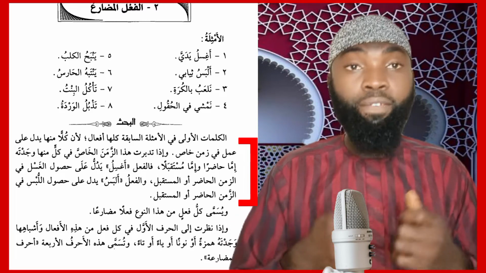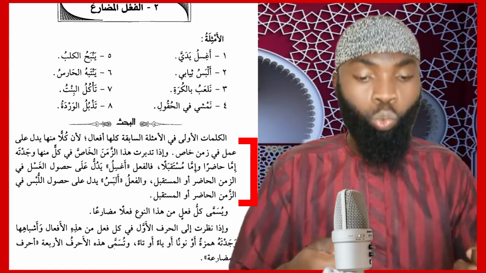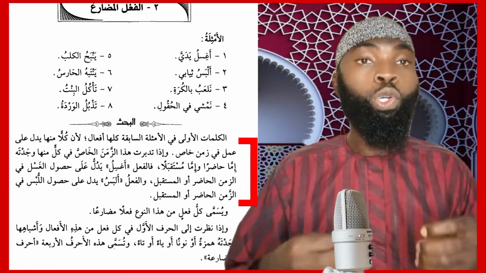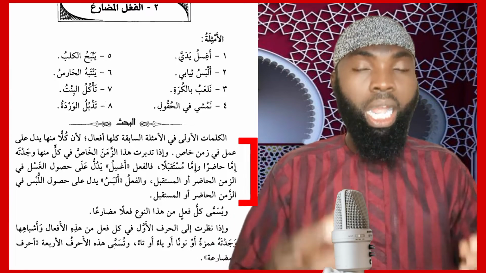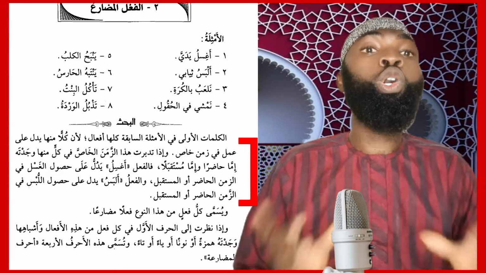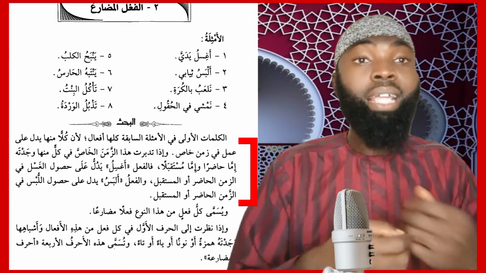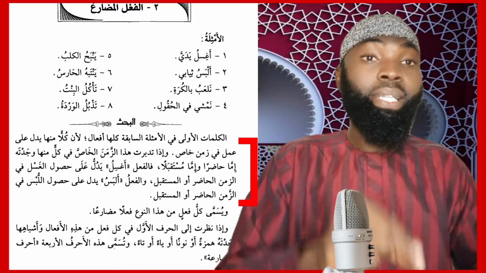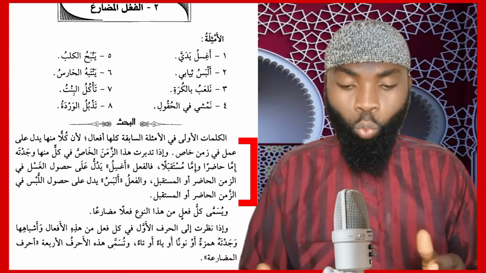And the same goes for the verb albasu in the second example, albasu, I am wearing. This word also indicates the occurrence of wearing in the present time or in the future.